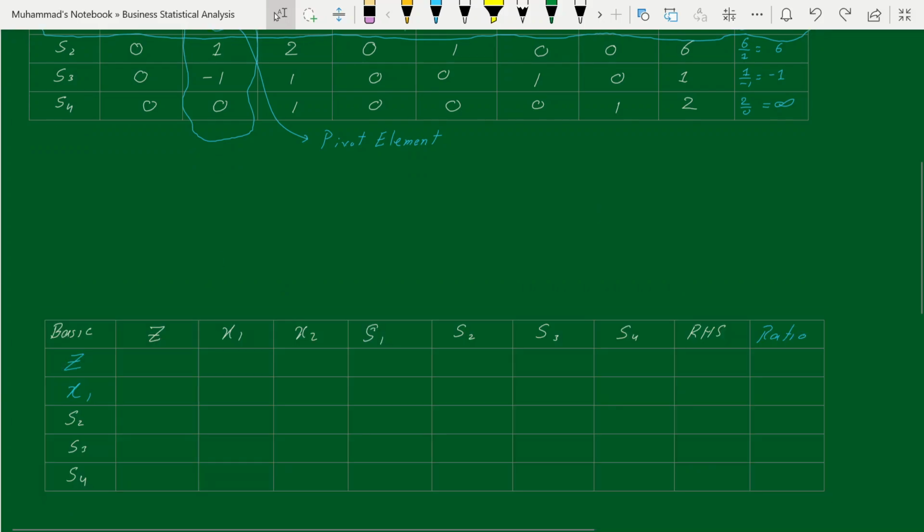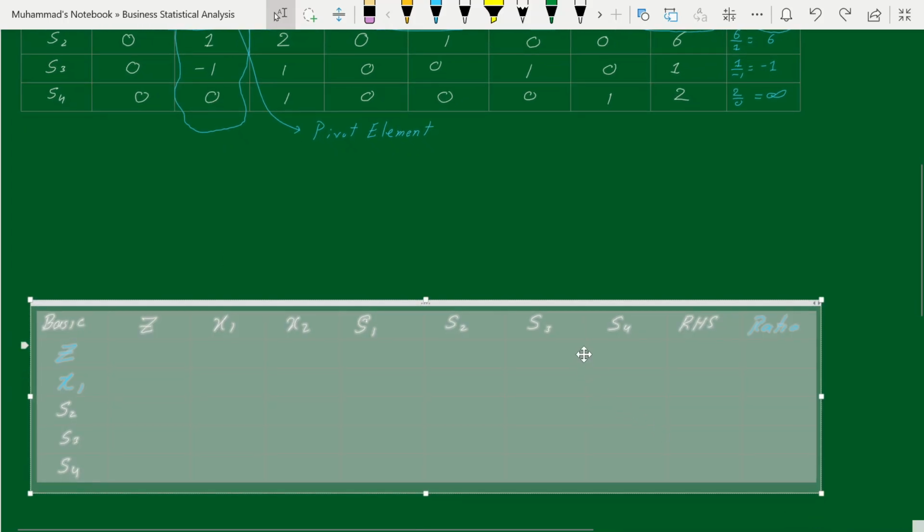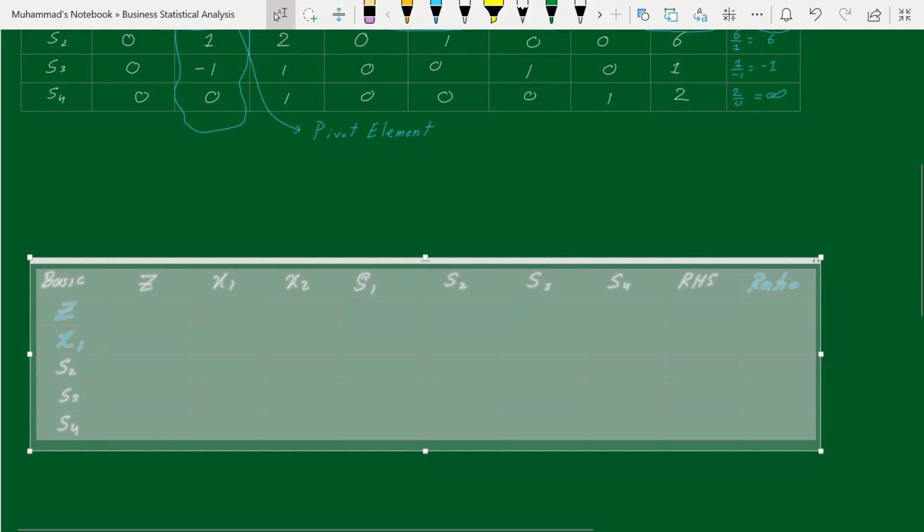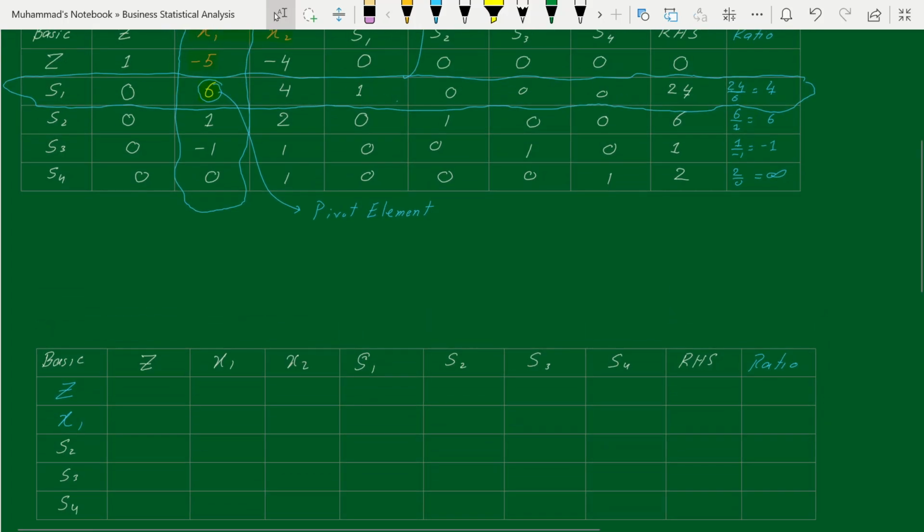To get the values for the new data, as I mentioned before, we need to convert this row. We want to make this element equal to 1.